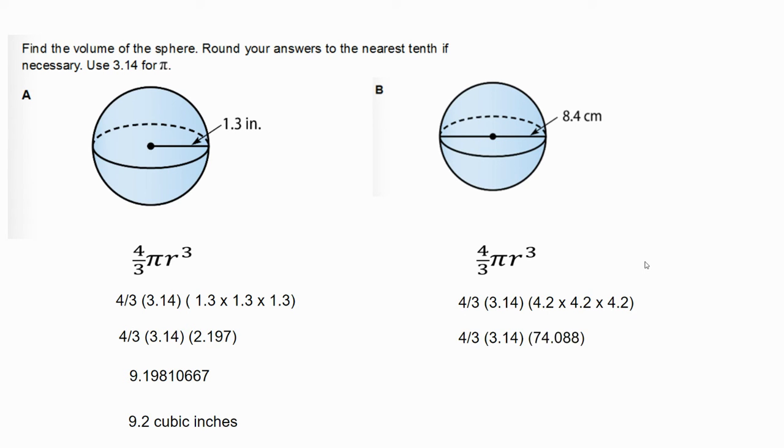Now I have 4/3 times 3.14 times 74.088. I multiply those three numbers together and I get to 310.18176. And again, I'm rounding to the nearest tenth. So my final answer would be 310 cubic centimeters.